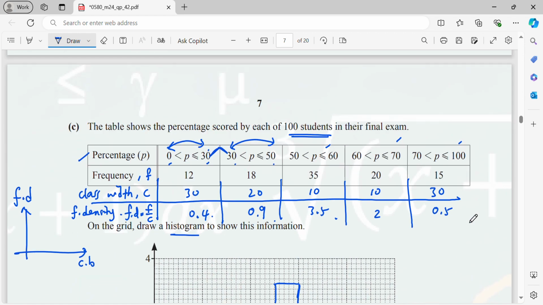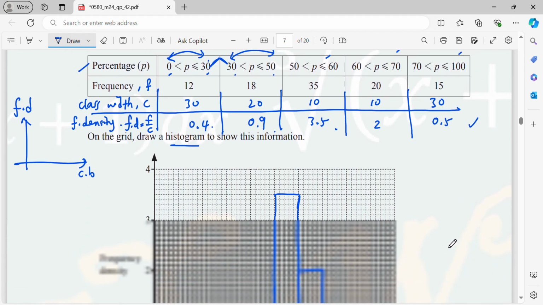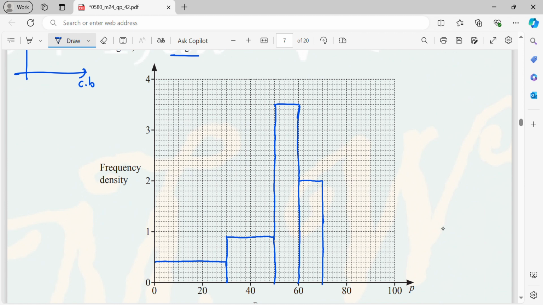So lastly, the height is 0.5, the frequency density. So 0.5, then the P is up to 100. Alright, so that is the histogram.